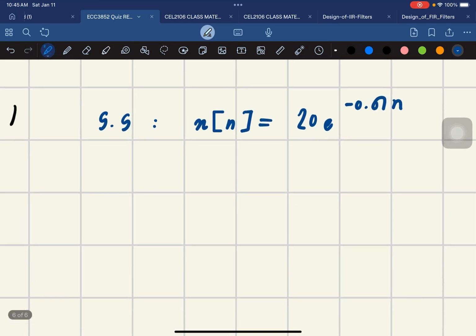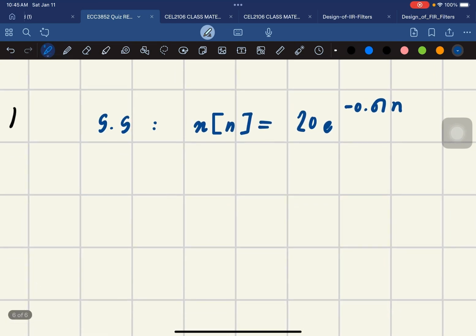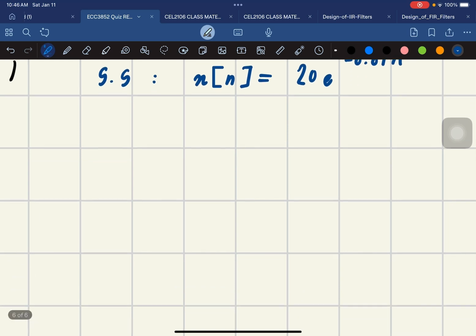So we need to compute s[n] for n equal to 0, n equal to 1, n equal to 2, and n equal to 3.